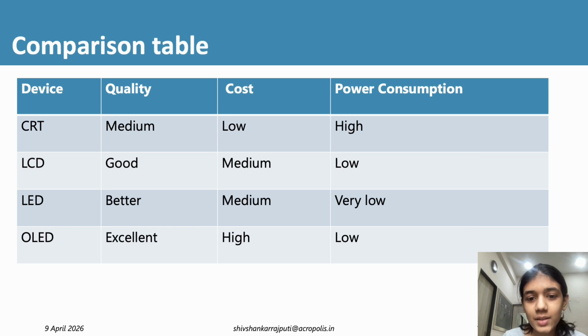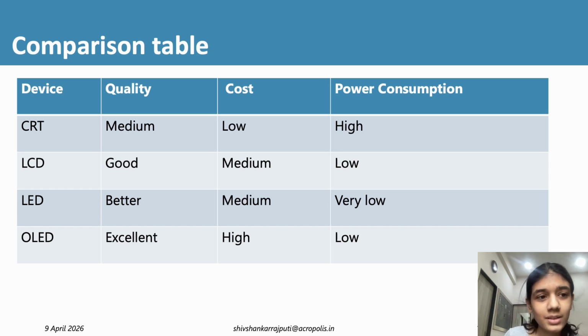Here is a comparison table of those four display devices. As we can see, the OLEDs have the most excellent quality, whereas they are higher in cost, again because of their excellent quality and the efficiency to consume less power. The CRTs were low in cost, but they consumed a lot of power, and the quality was also medium.